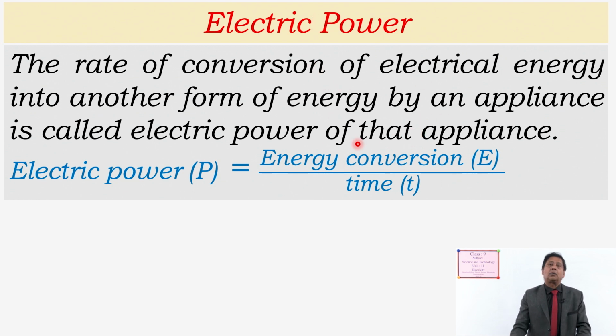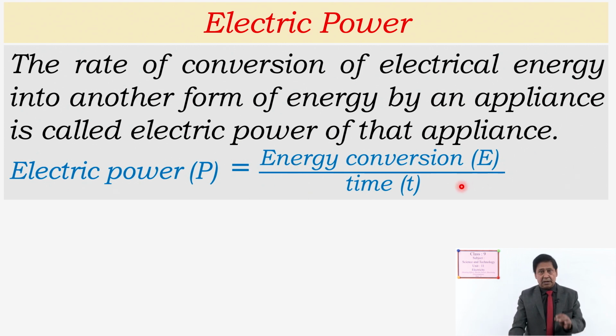In lower classes, what you have studied, the rate of doing work is called power. But here in electric power, the rate of conversion of electrical energy into another form of energy by an appliance is called electric power of that appliance.